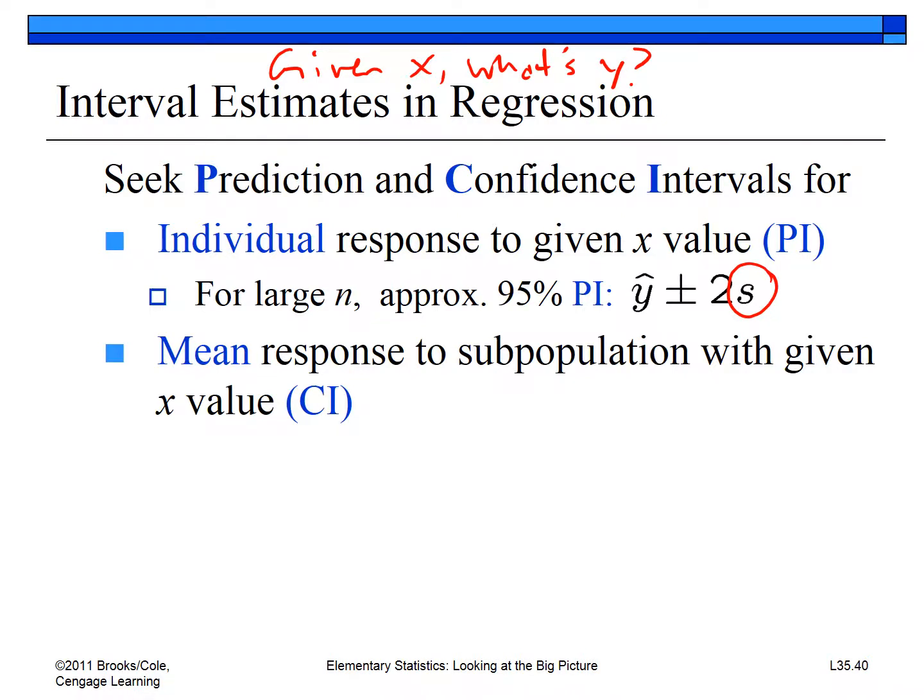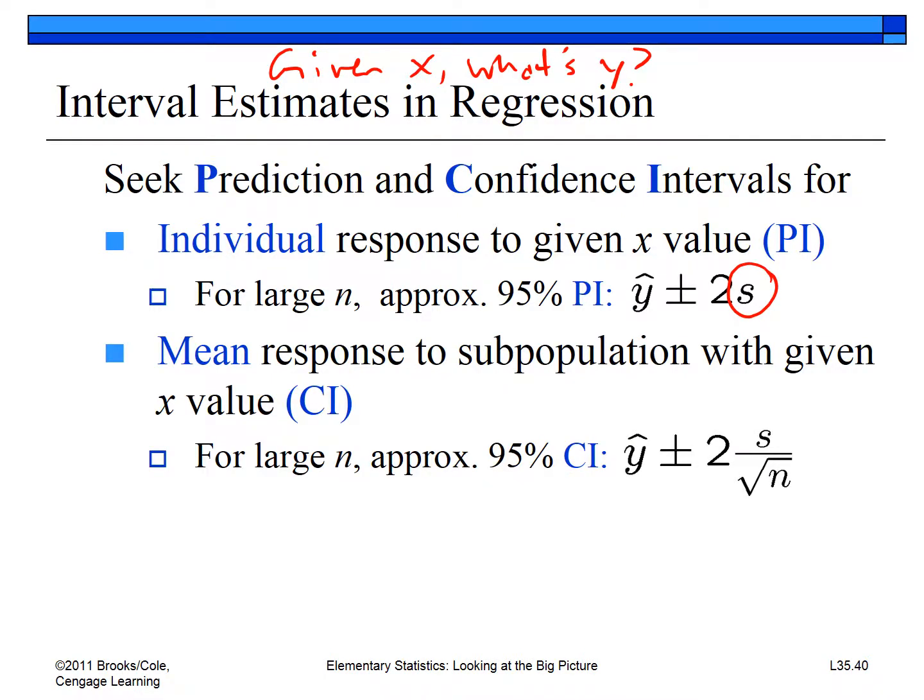For the mean, instead of multiplying the 2 by s, we multiply 2 by s divided by the square root of n. Look familiar? Remember, we're talking about means, and dividing by the square root of n, remember that was how we computed the standard error for sample means.